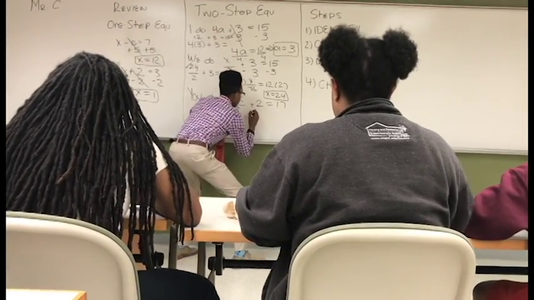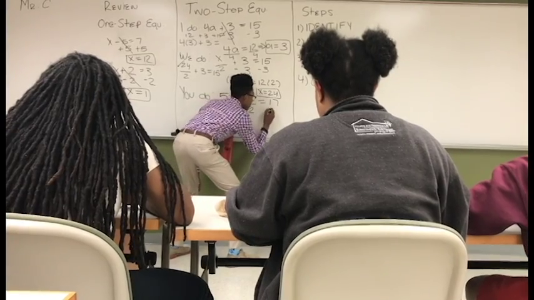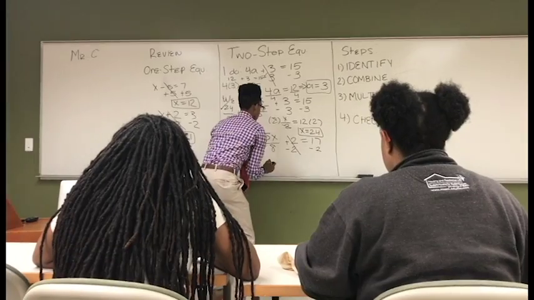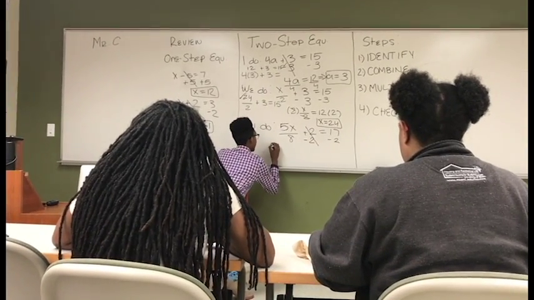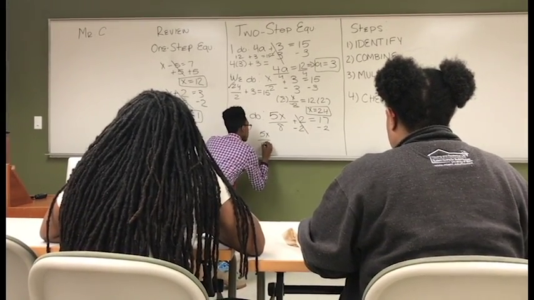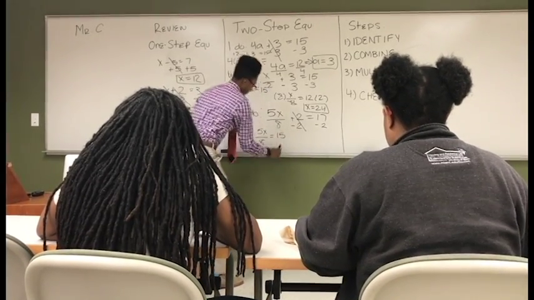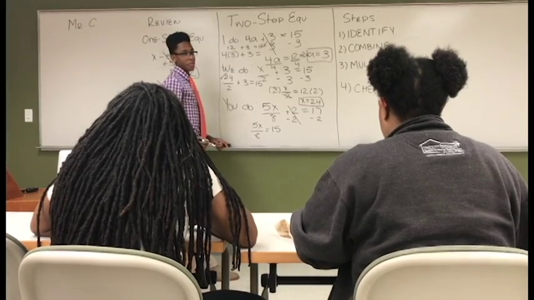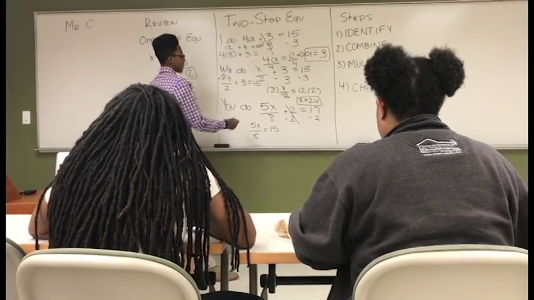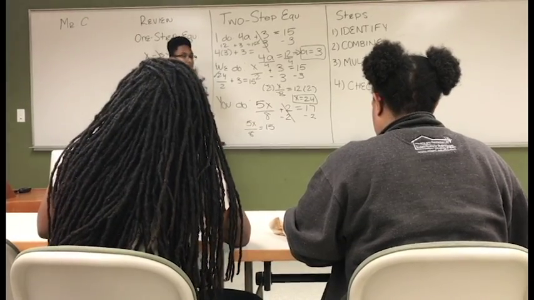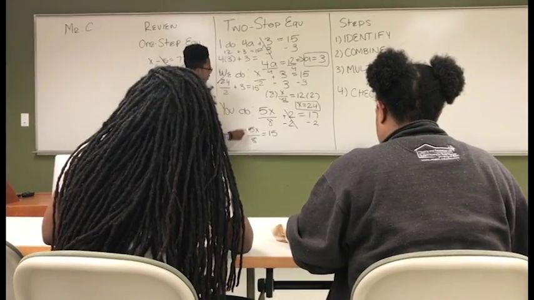So you subtract 2 from both sides, and then these cancel out. Then you're left with 5x over 8 equals 15. And this is another fraction, but this time we have a numerator on top. So now we multiply by the reciprocal. The reciprocal is the opposite of the fraction, so you flip the numerator and the denominator.